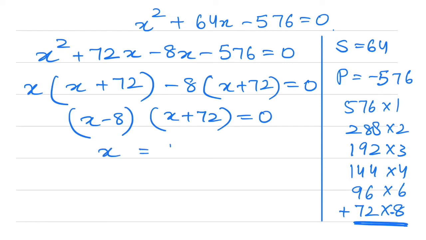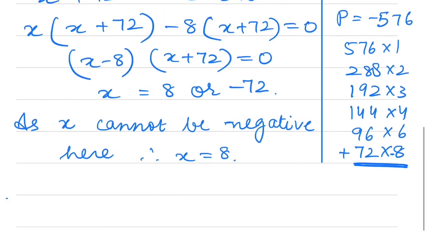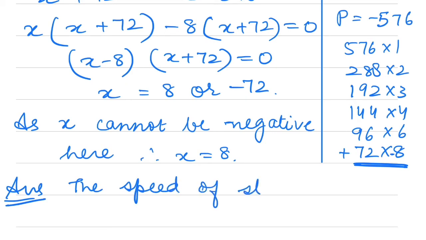So x is equal to 8 or minus 72. As x cannot be negative here, therefore x is equal to 8. So answer, the speed of stream is 8 km per hour.